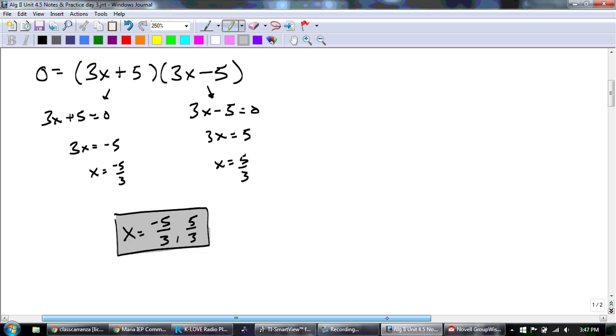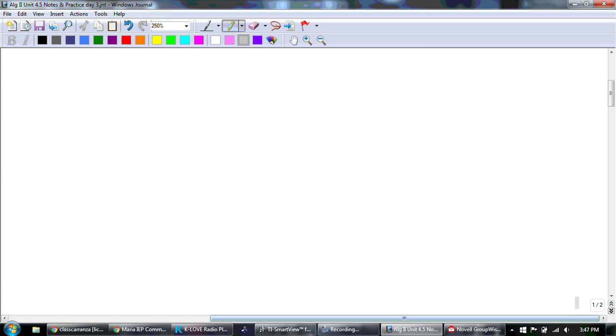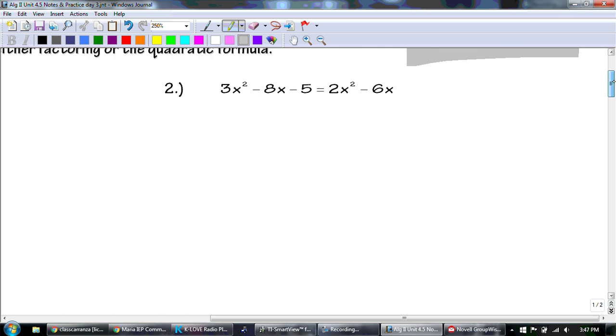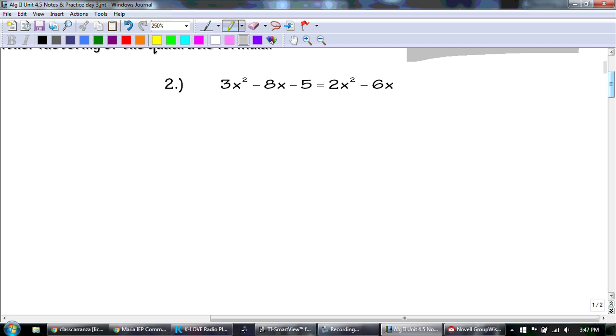Okay, so some of these we're going to be able to do square roots, other ones are quadratic formula, other ones we're going to be able to factor, and we just got to pay attention to that. Okay, so once again we look at the leading coefficients and we move the smaller one.